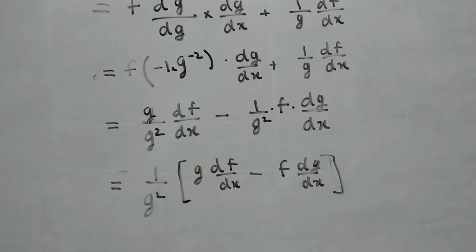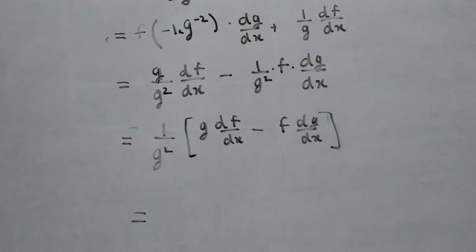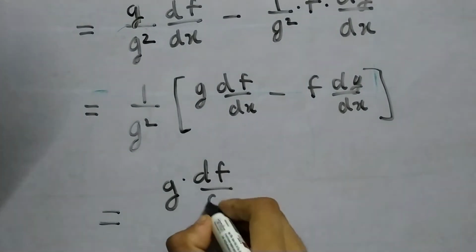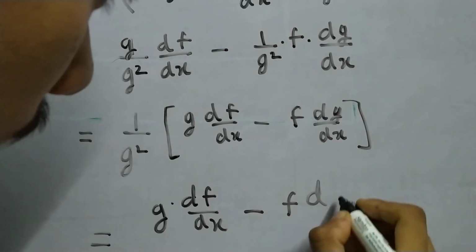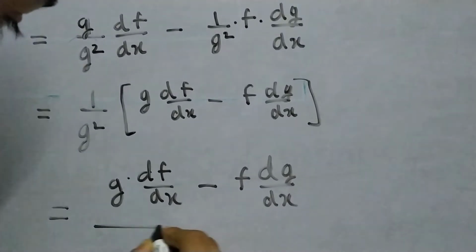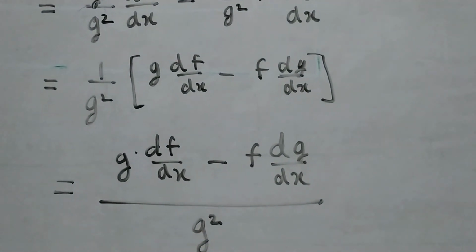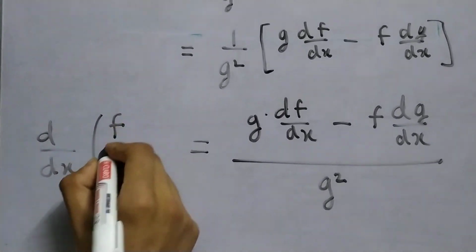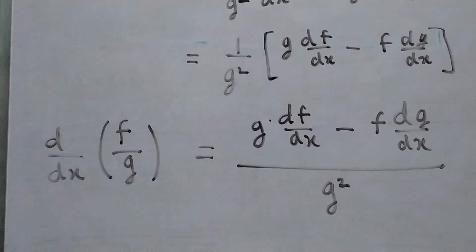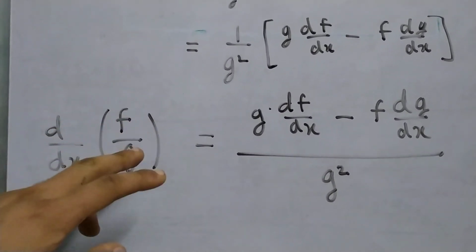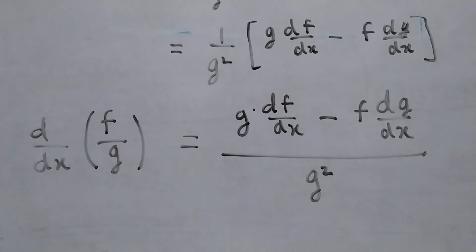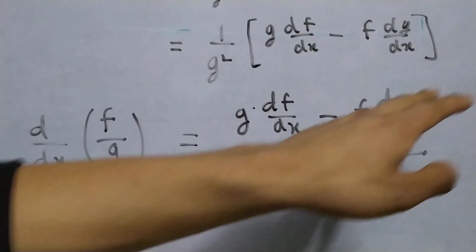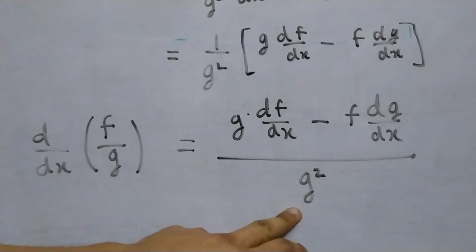You can write it in another, much more convenient notation: your denominator times the derivative of your numerator minus the numerator times the derivative of your denominator, divided by your denominator square, and this is your quotient rule. So differentiation of some function in the numerator divided by some function in the denominator is your denominator times derivative of numerator minus numerator times derivative of denominator, divided by your denominator square.